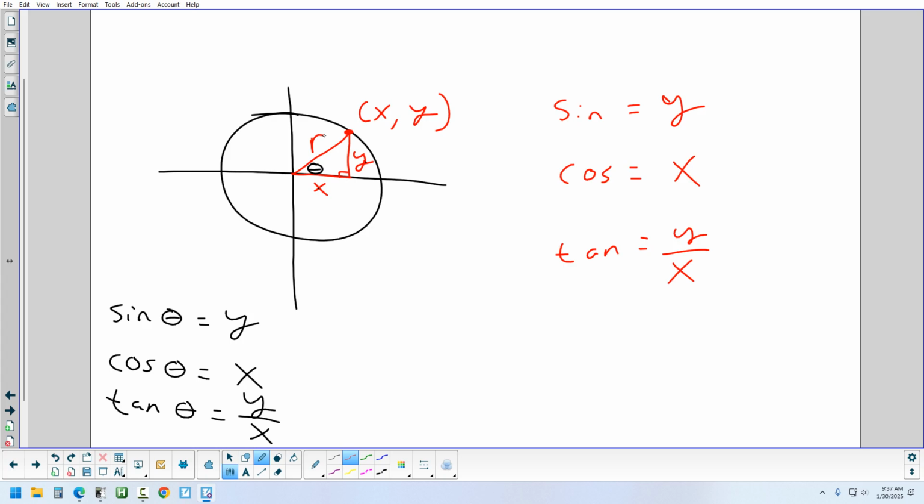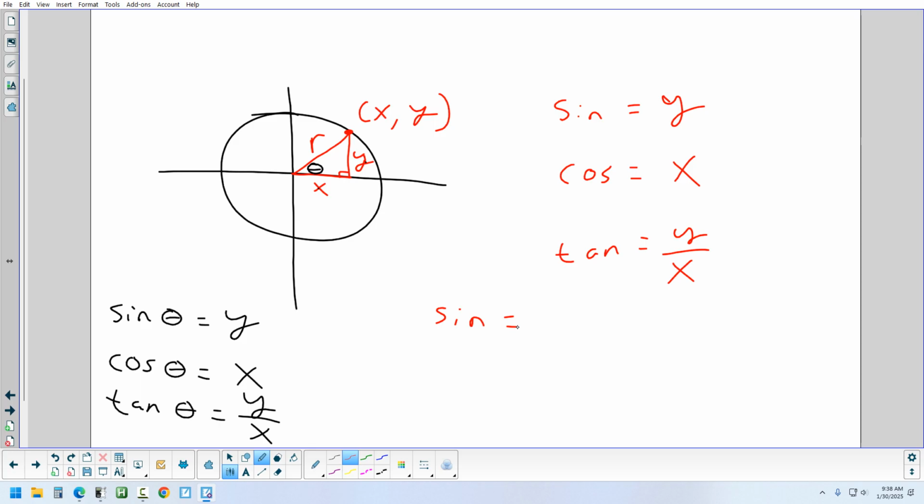But now, let's extend this. Instead of saying that we have a circle of radius 1, let's say we have a circle of radius r. I want to look at what happens to my unit circle trig formulas when the radius is r instead of 1. So now it's more generic.